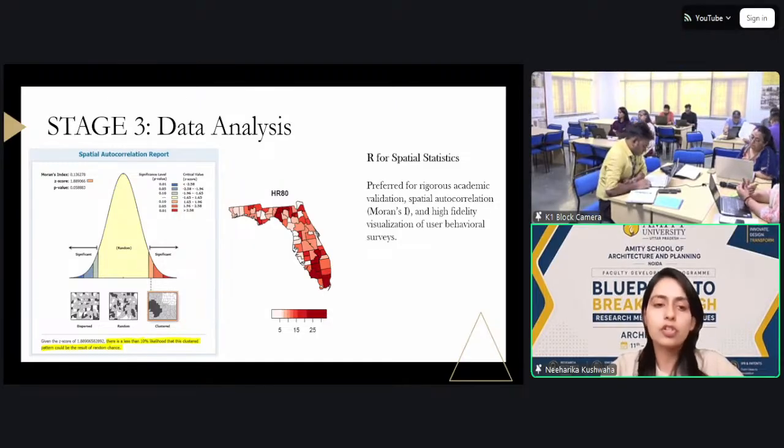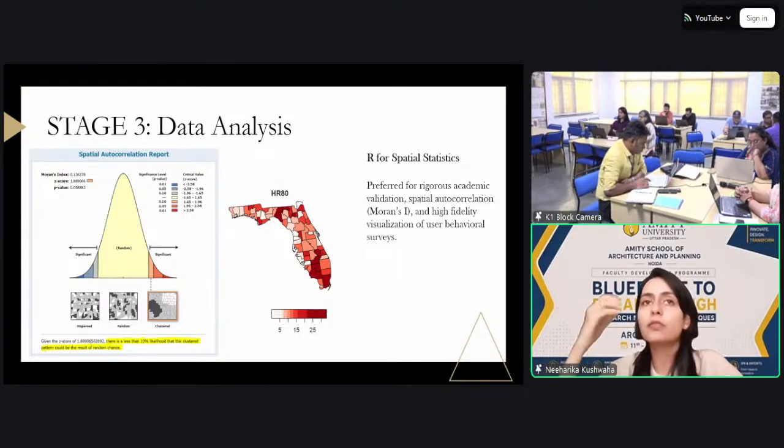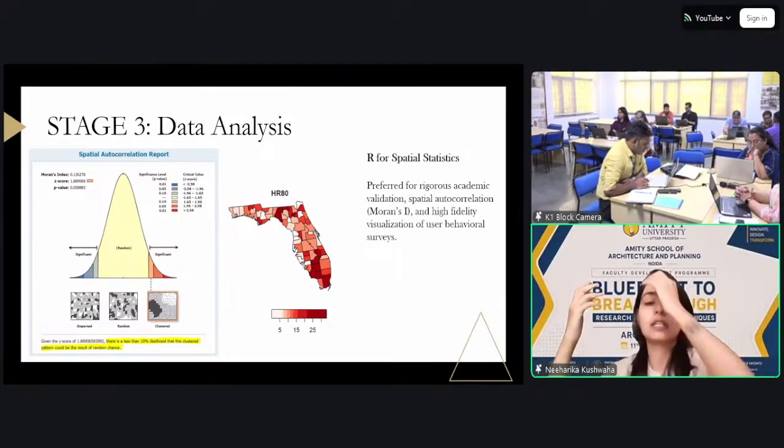The goal was not just this visualization that we were able to achieve, but also to uncover those spatial relations that otherwise it would have been difficult for us to see, because you're working with, let's say, 2000, 3000 data sets of an area.